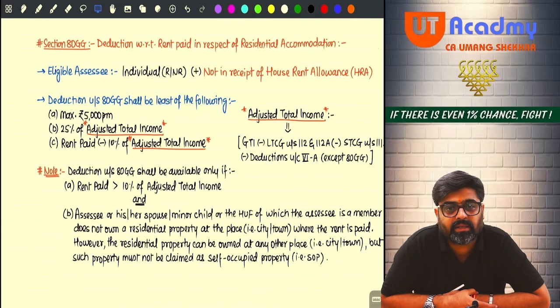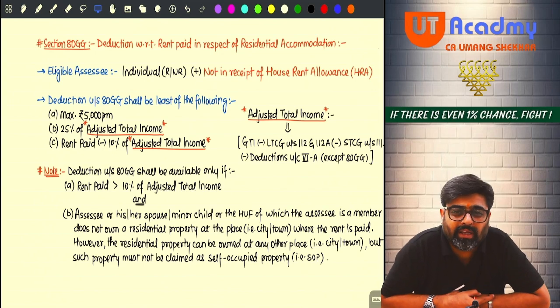So if you want 80GG, in the city where you are paying rent, you should not own a house property. Not even your spouse, not even your minor child, and not even the HUF of which you are the member.